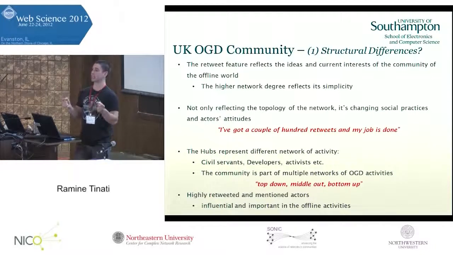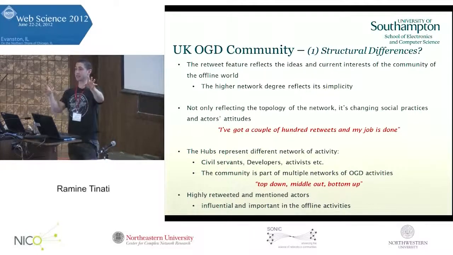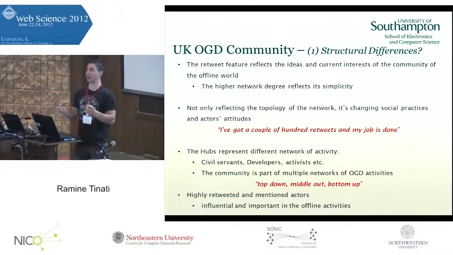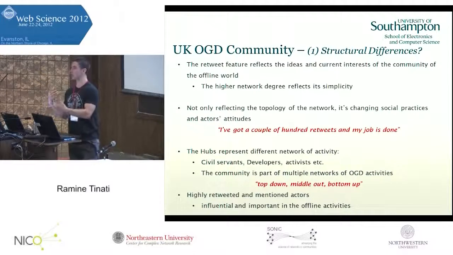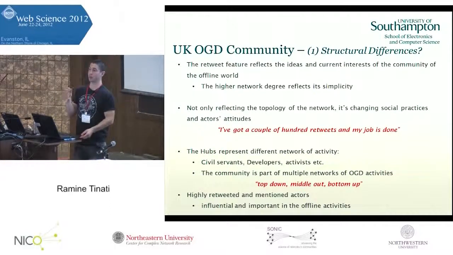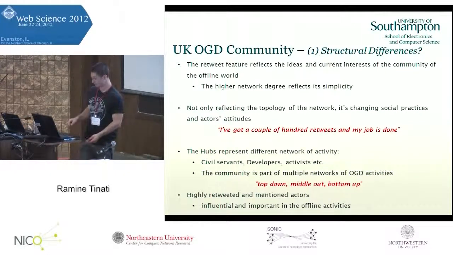But the weakly connected nodes between these different communities, some of which would join different communities together, were actually the catalysts to enabling these different data sets or different processes and policies to be produced. So someone highly retweeted might be influential and well known in the offline community, but also the people connecting these communities together were the catalysts.